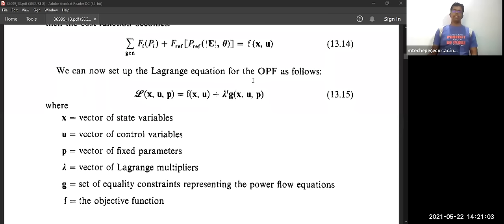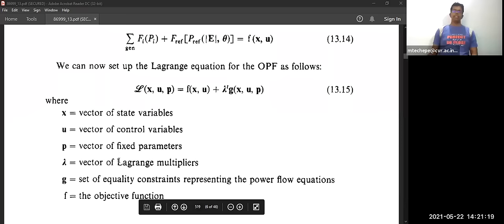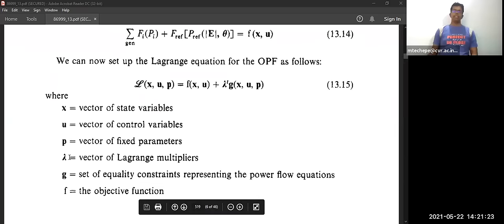Here x is the vector of state variables, u is the vector of control variables, p is the vector of fixed parameters, and lambda is the vector of Lagrange multipliers. So lambda is nothing but constants, called Lagrange multipliers.